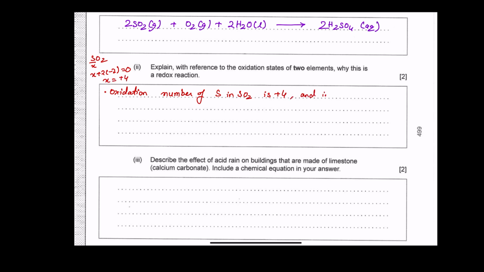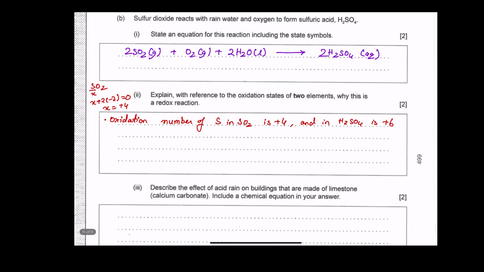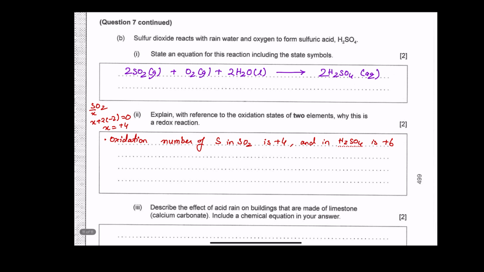And in H2SO4 it is plus 6. Why is it plus 6 for H2SO4? If you take H2SO4, take sulfur as X, hydrogen is 2 times plus 1, sulfur is X, oxygen is 4 times negative 2, and the sum is 0. So X minus 6 is 0. From here, we get X as plus 6.